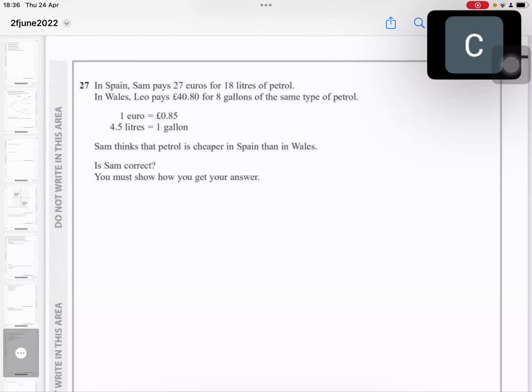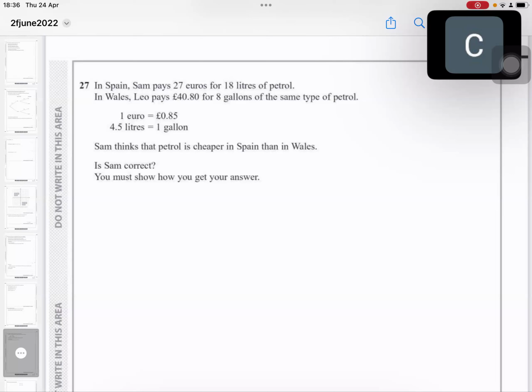For each of them, we're going to divide the amount of money by the number of liters. For Sam, 22.95 divided by 18.